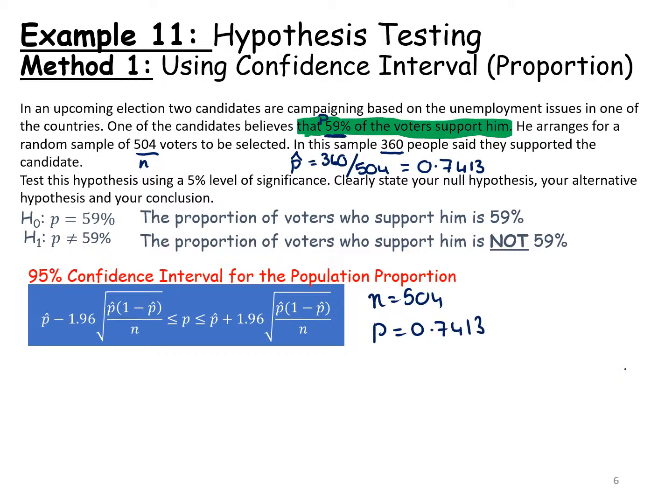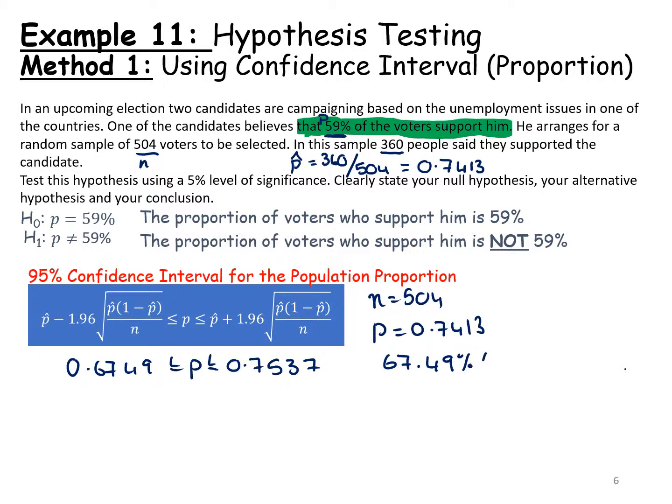So you would show your substitution and work through it. I am running a little bit short for space, so I'm going to go straight to 0.6749 is less than or equal to p is less than or equal to 0.7537, and because we're working with percentages in my hypothesis, I'm also going to turn this to percentage.